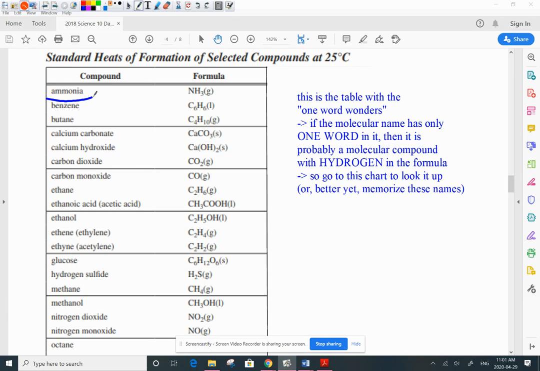So like here's a one word, ammonia, and here it has hydrogen. So it's a molecular compound because it has the non-metal nitrogen and the non-metal hydrogen. But we would not name that nitrogen trihydride. It has a special name, and the special name is ammonia.